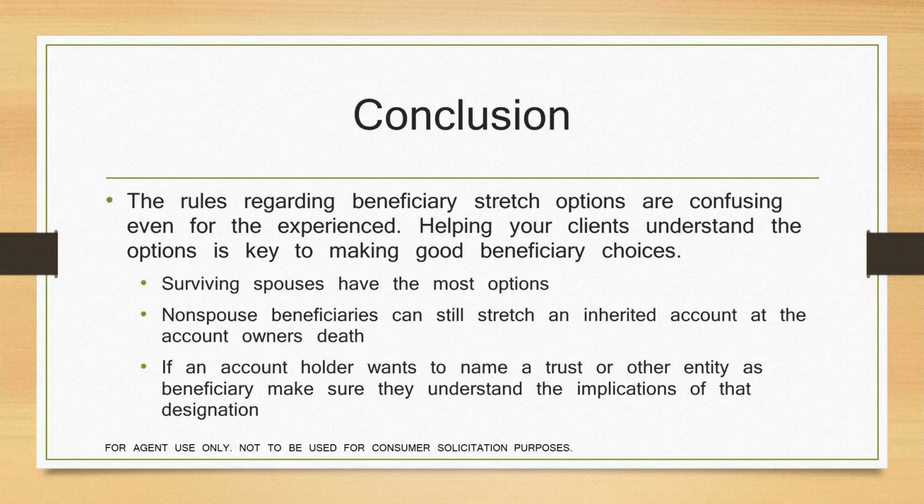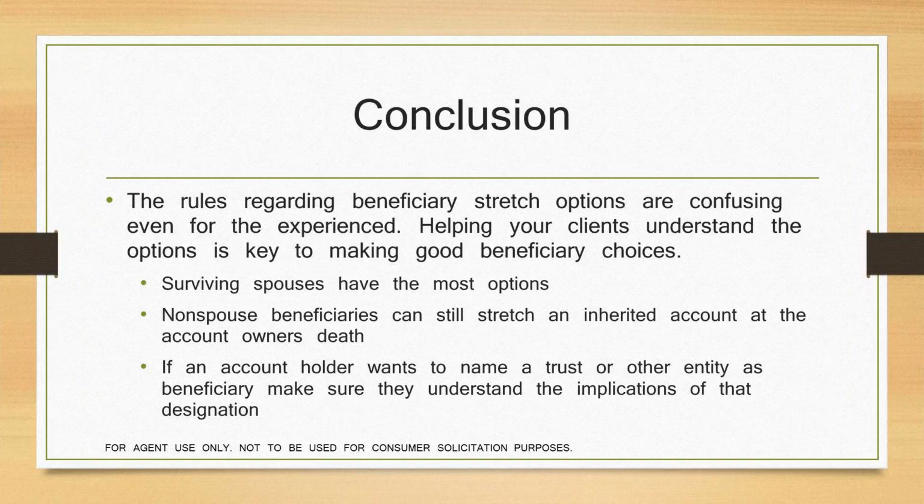So to wrap this up, and I know I didn't do the subject justice because we have a limited amount of time, the rules regarding beneficiary stretch options are confusing, even for experienced financial professionals. Helping your client understand the choices and the consequences of each of the choices that they might make is important. And in order to help the client make smart choices, you have to understand what the client intends to do with the inherited money.